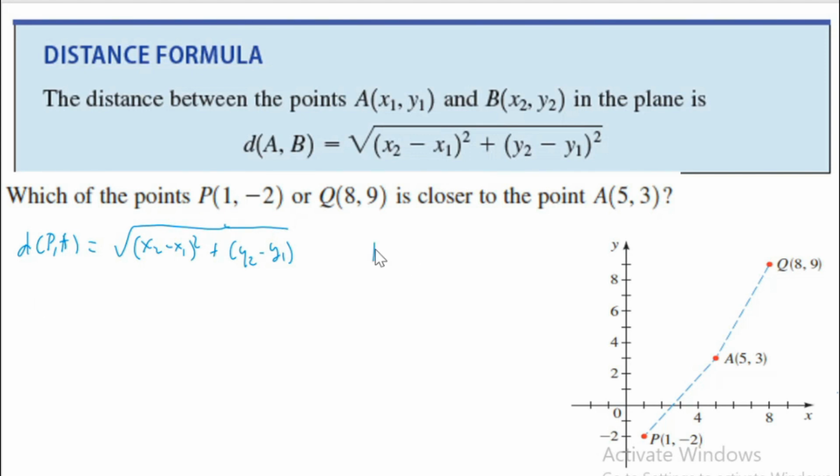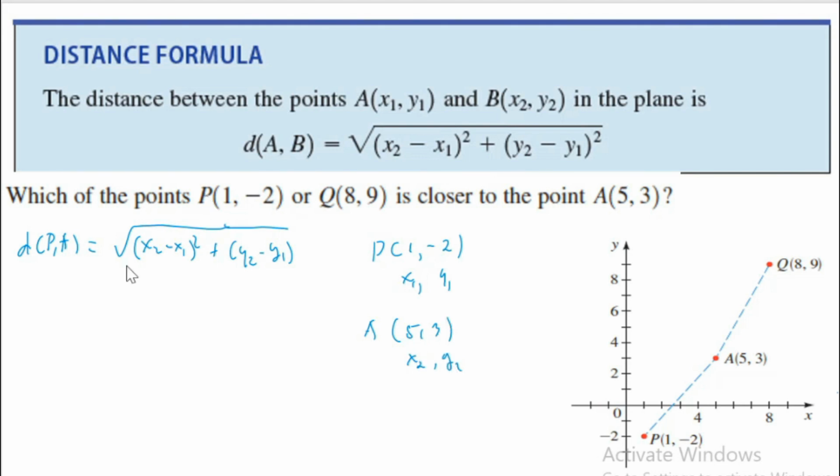So I will write here that point P is (1, negative 2). Meaning to say, x sub 1 is 1 and y sub 1 is negative 2. And point A is (5, 3). So we can let this one be x sub 2 and y sub 2, meaning x sub 2 is 5 and y sub 2 is 3.